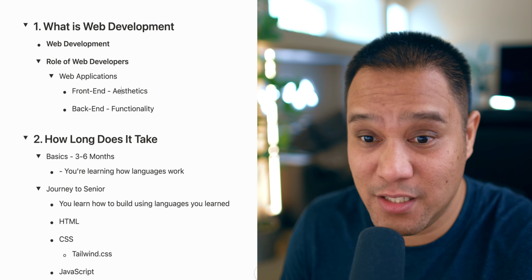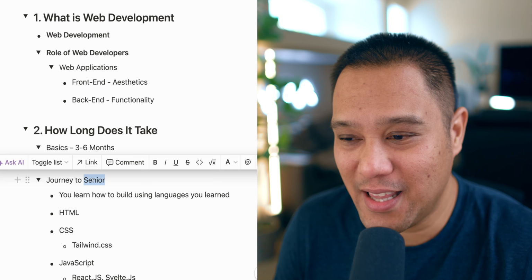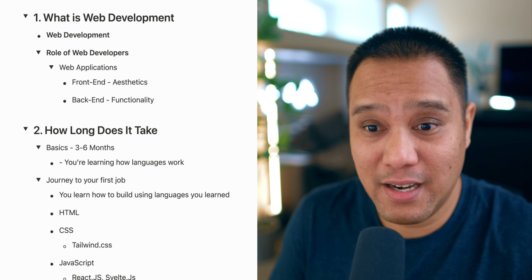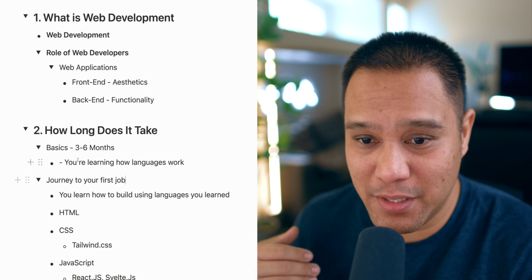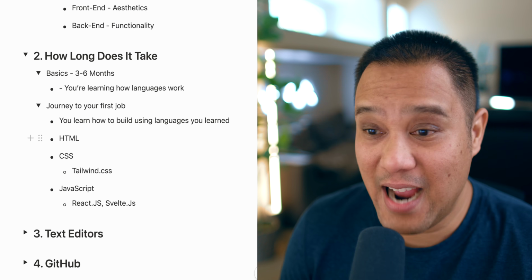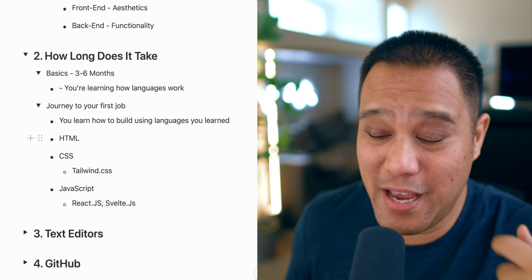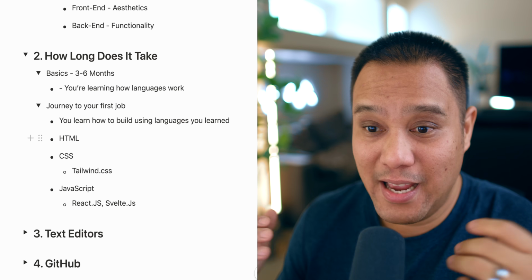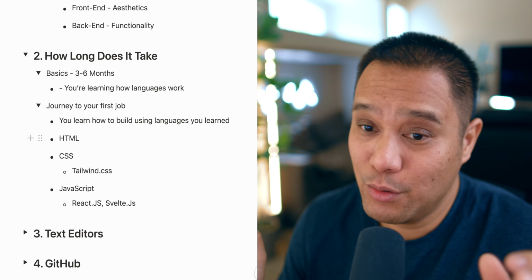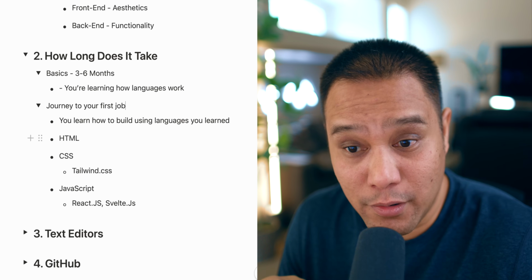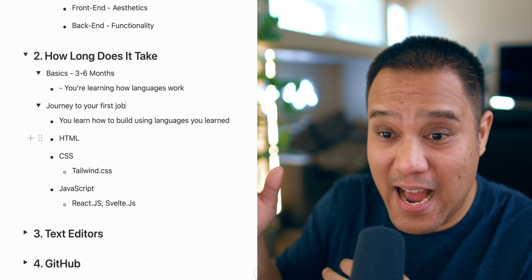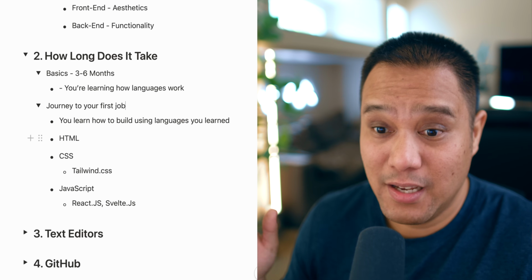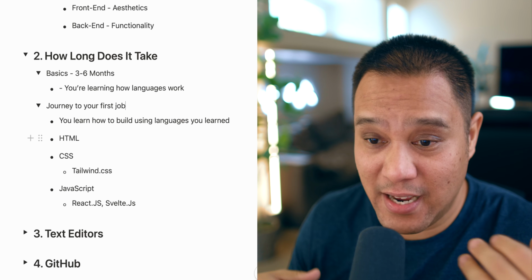Now, next is your journey to senior, but let's change this to your journey to your first job, right? So in the first year, expect to learn the fundamentals of HTML, CSS, and JavaScript and start building simple websites after the 3 to 6 month mark, right? And then as you progress, you dive into more complex topics like responsive web design, making a website more mobile friendly, JavaScript frameworks, and we'll dive into that later in here.